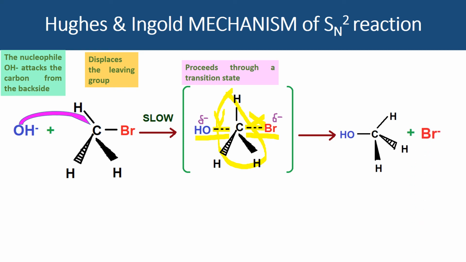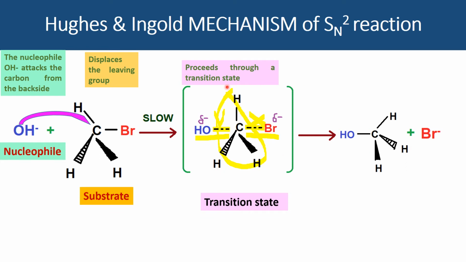Here you can see the nucleophile is OH- and the substrate is methyl bromide, and the reaction proceeds through a transition state, and the product is methanol and the leaving group is bromide ion.